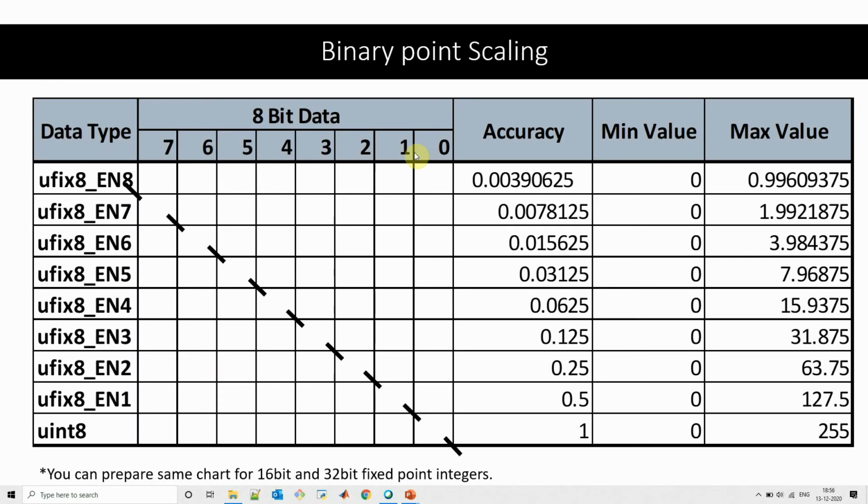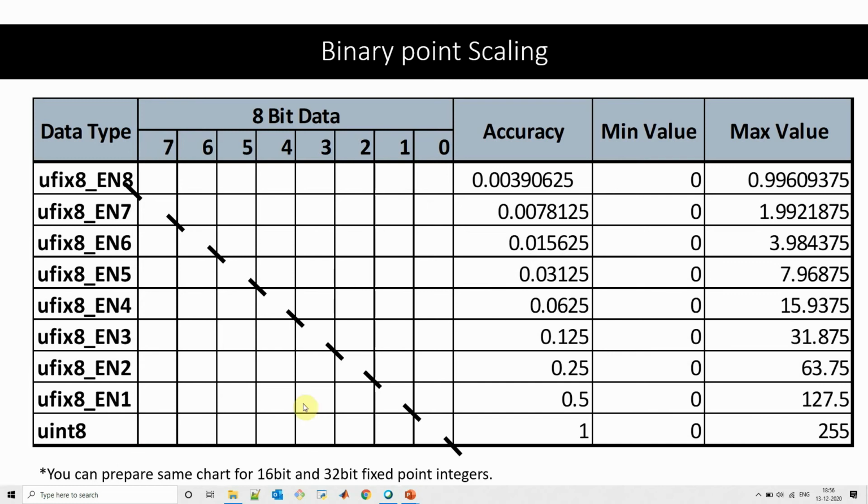Let's see how 8-bit data can be binary scaled. In this case, this dash represents the position of the decimal point. Whenever we shift the decimal point towards left, the left side of this dash represents the fixed part and the right side represents the fractional part.